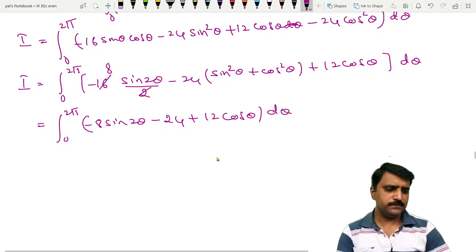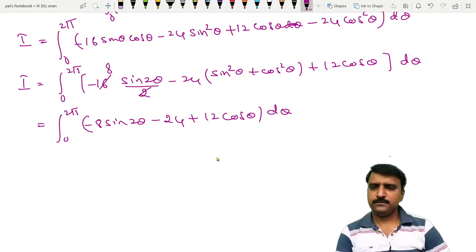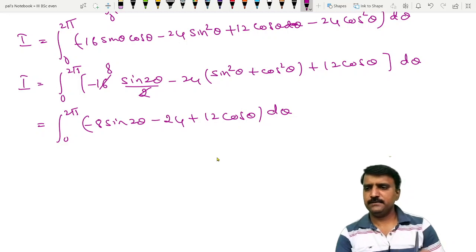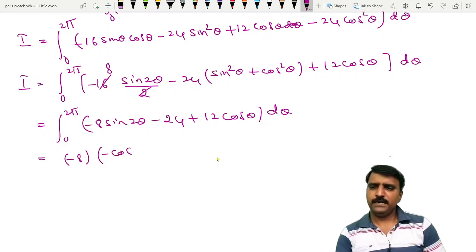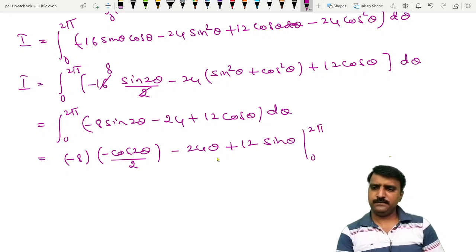Next, to integrate this, its integration gives minus 8 into the integration of sin 2 theta, which is minus cos 2 theta divided by 2, minus 24 theta, plus 12 into the integration of cos theta, which is sin theta. The limit is from 0 to 2 pi.